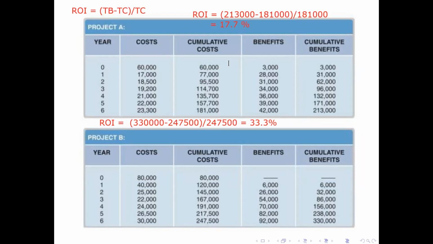Right. So return on investment, when you check it, according to what we have got, for project A it will be about 17%, and project B it will be about 33%. Okay. Yeah, Prasanga, Shifani, yes, both agree.